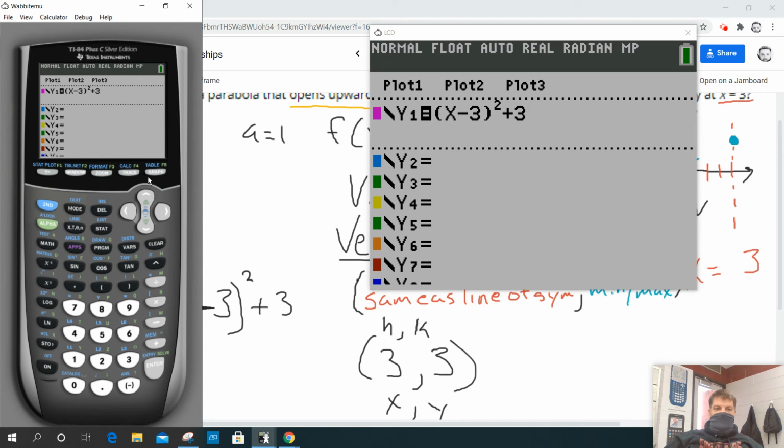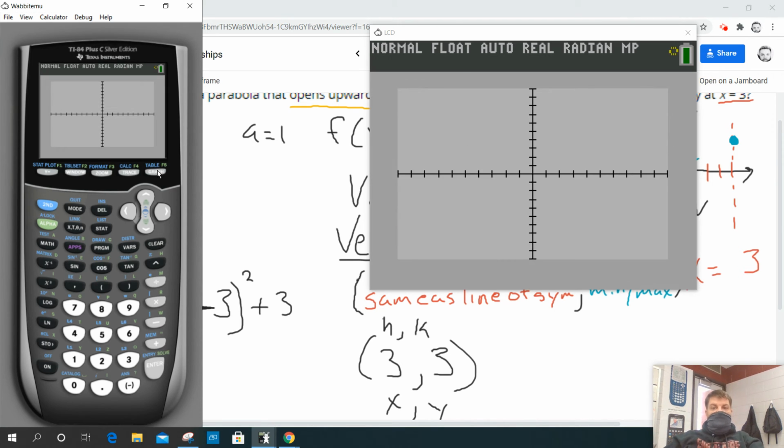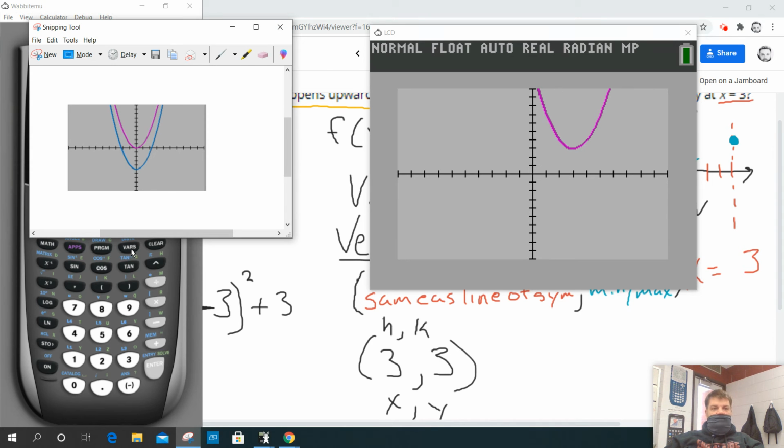Then when you hit graph, this is what it looks like. And as you can see, this point occurs at 3, 3. So let's take a little snapshot of that.